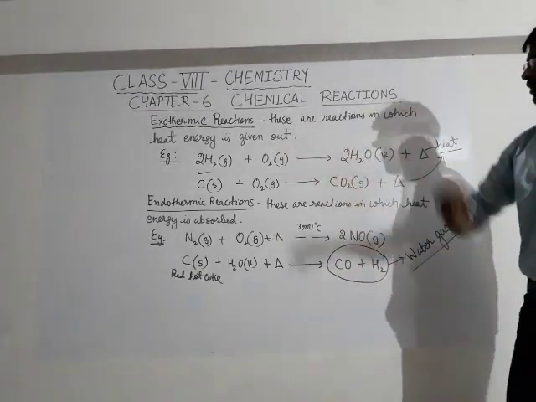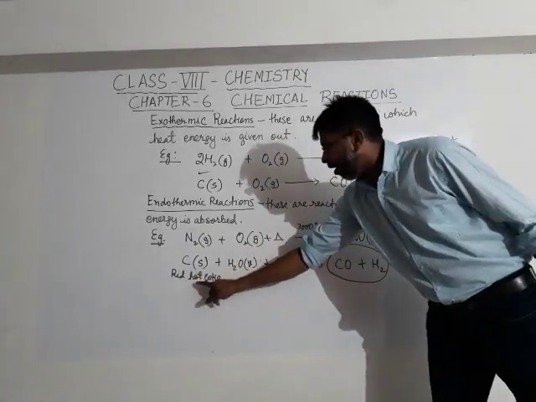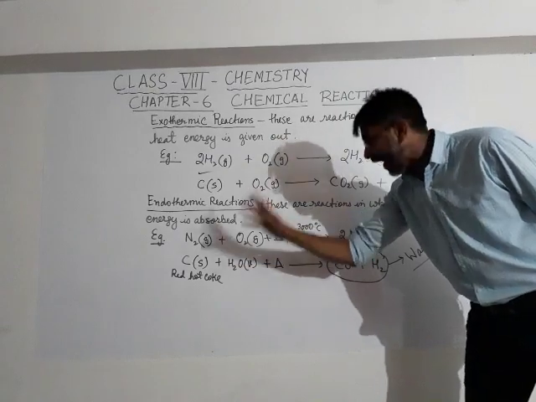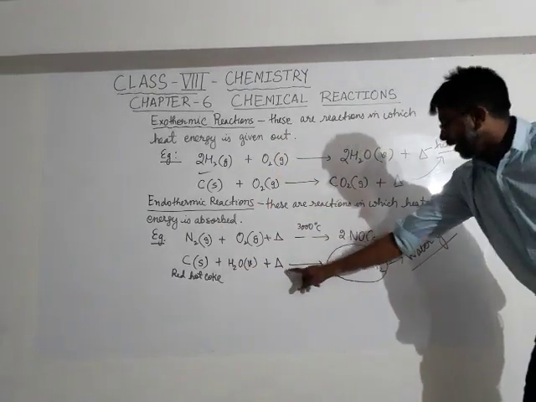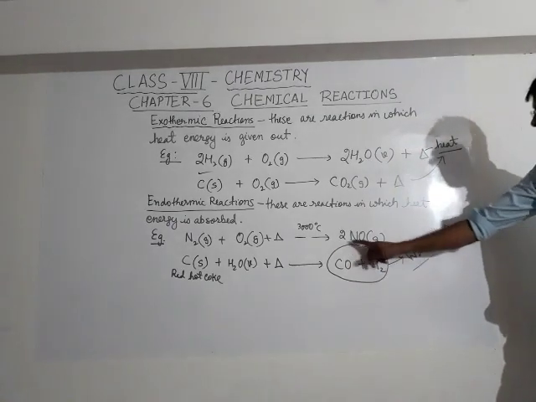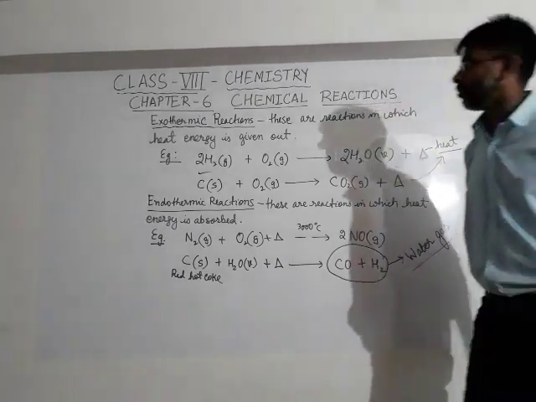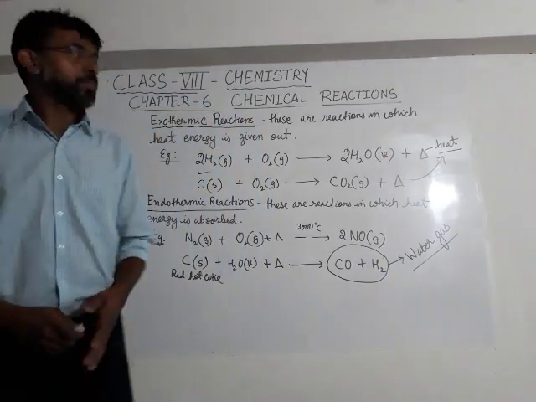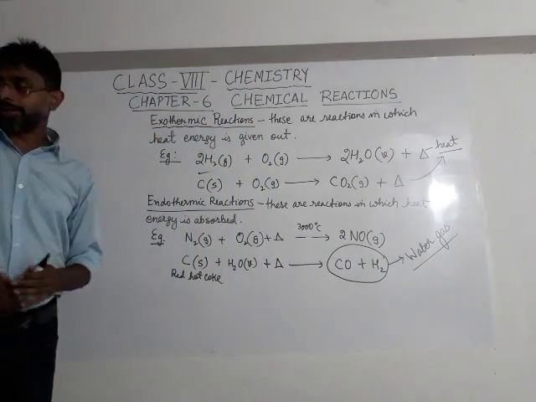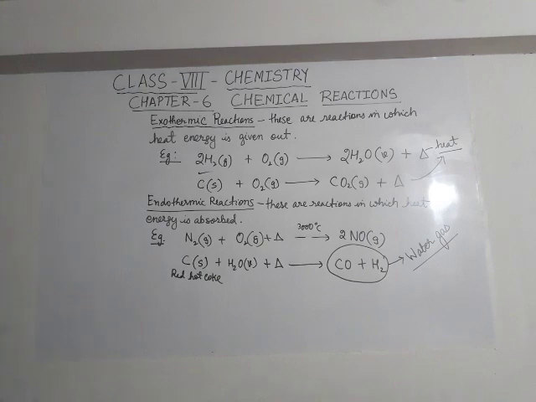The second reaction is between red hot coke, carbon, plus water vapor at a very high temperature, and then the products formed are carbon monoxide and hydrogen gas. This mixture is called water gas. So, I have now explained what are exothermic reactions and what are endothermic reactions. Now let me proceed further in this chapter.